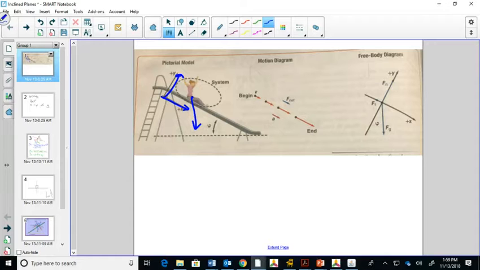That just makes it easier on all of us. So we're calling that going down the slide is positive x, going up the slide would be negative x, going 90 degrees off the surface of the slide would be positive y, going bottom away from that would be negative y. Does that make sense? Okay, so one force of gravity.